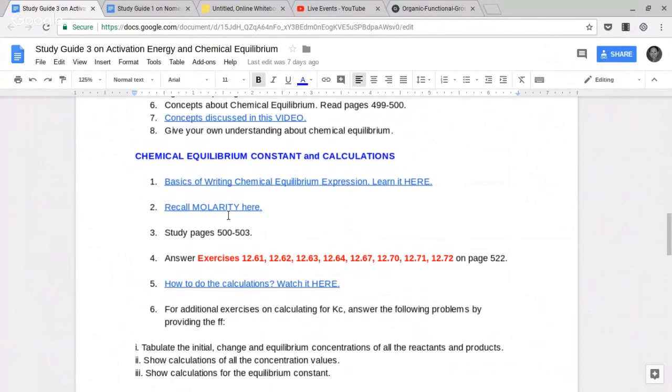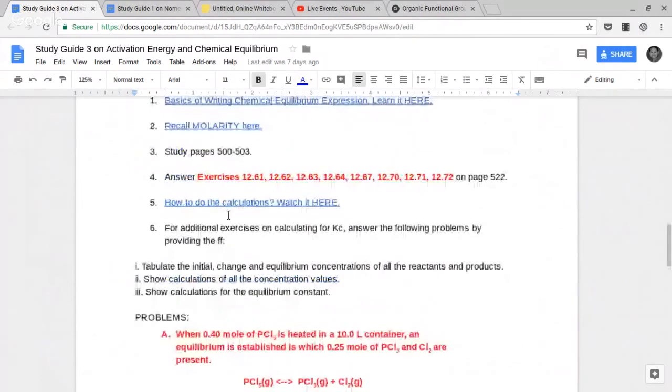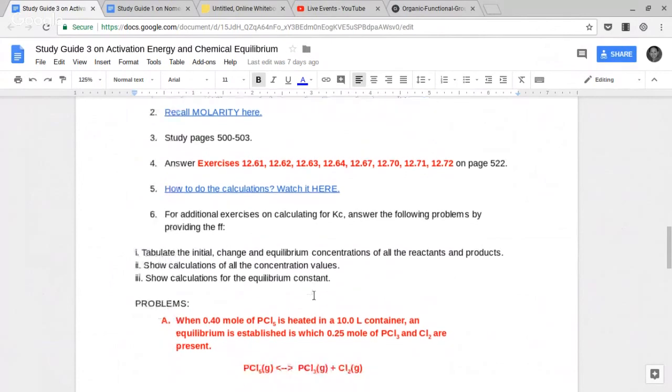So molar unit, that's your moles of solute divided by liters of solution. So please make it in molarity before you start. And then you tabulate initial, change, and equilibrium concentrations, and then the calculations of the concentration values will be through getting the X. And the moment you get the X, you can get the equilibrium concentrations and eventually get the equilibrium constant. So you've solved this problem.